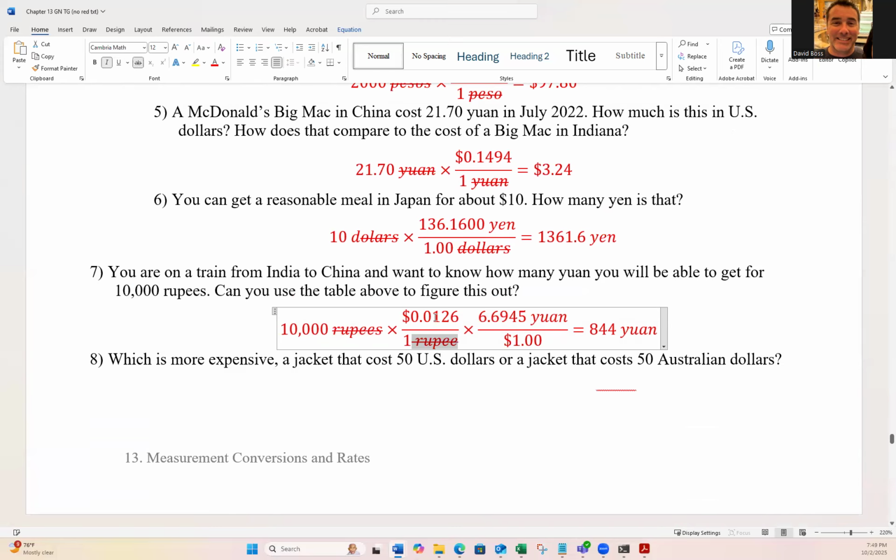Those cancel out. Now we set this up so that our dollars cancel out, and we're left with the yuan. I should have looked up how to pronounce this before I did this recording. Call it yuan. So the rupees cancel out, the dollars cancel out, we're left with the yuan. So 10,000 times 0.0126 times 6.6945 yuan equals 844.